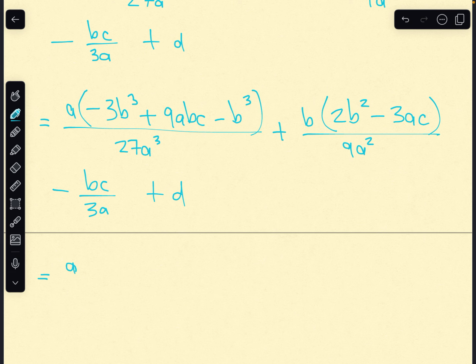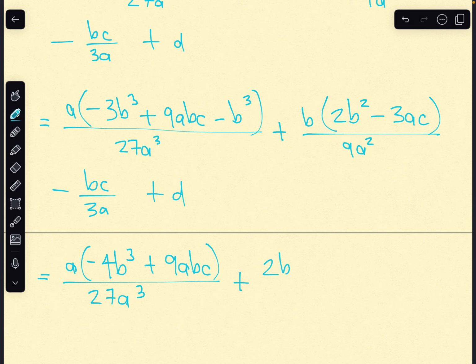Okay, so this is a times minus 4b cubed plus 9abc over 27a cubed. And then here we have 2b cubed minus 3abc over 9a squared. And then we've got our minus bc over 3a.